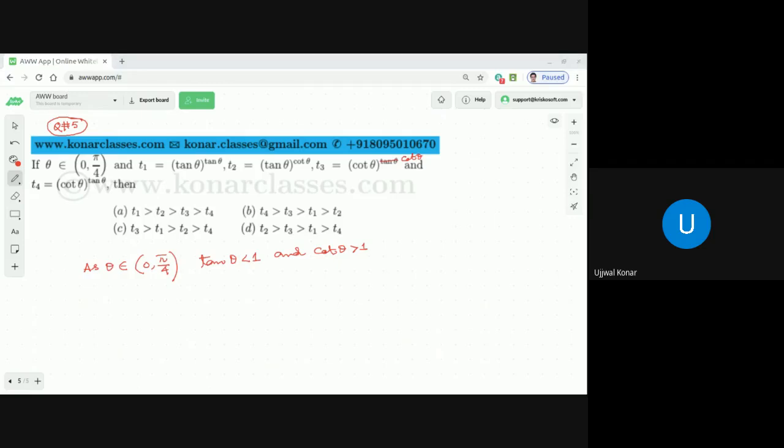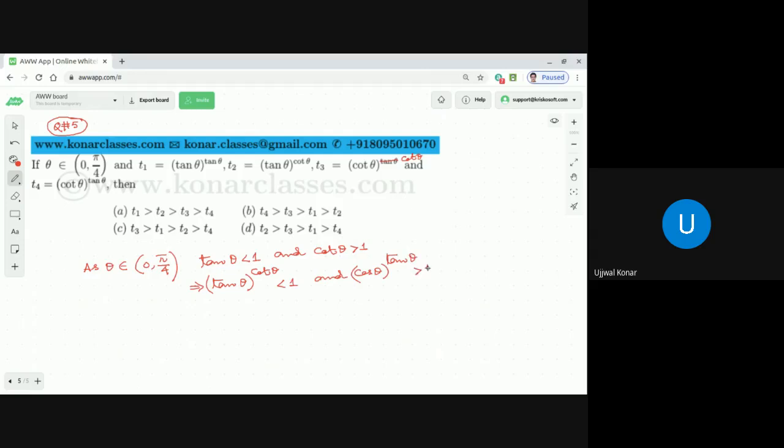So as this is the case, then tell me, dear students, tan theta power cot theta should be less than 1, right? And cot theta power tan theta should be greater than 1.